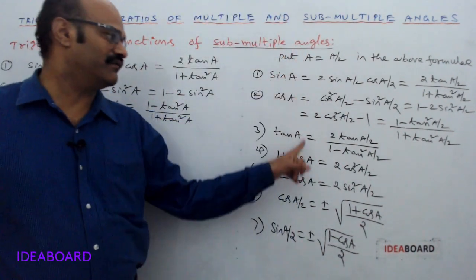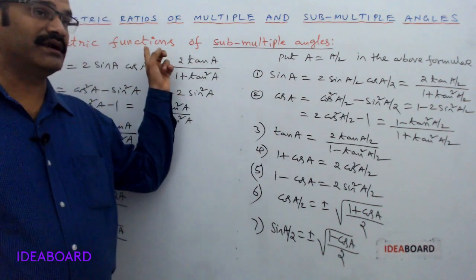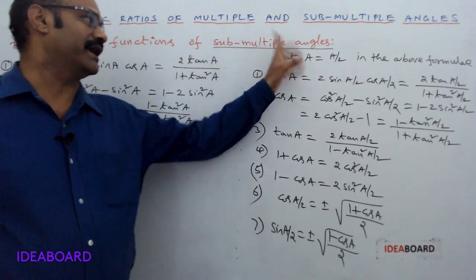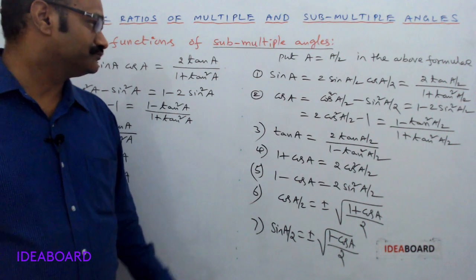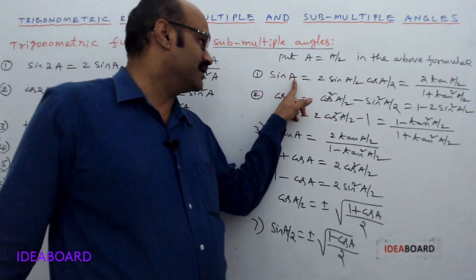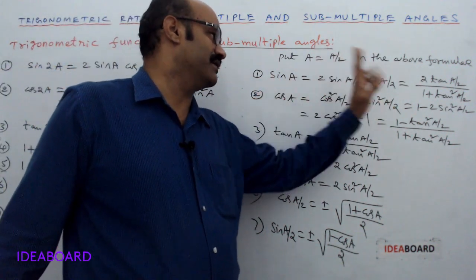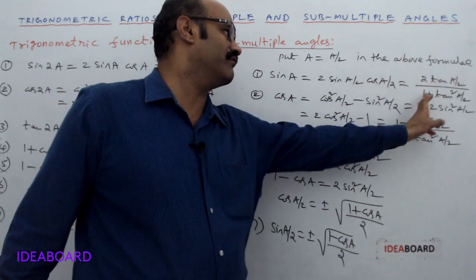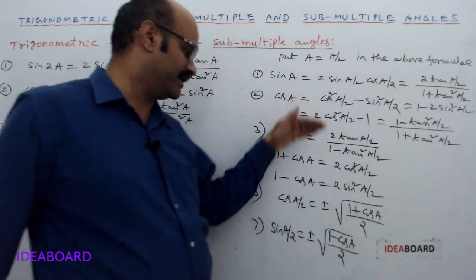So these are the formulae for trigonometric functions of submultiple angles. So sin A equal to 2 sin A by 2 cos A by 2 equal to 2 tan A by 2 by 1 plus tan square A by 2. Similarly, the remaining formula.